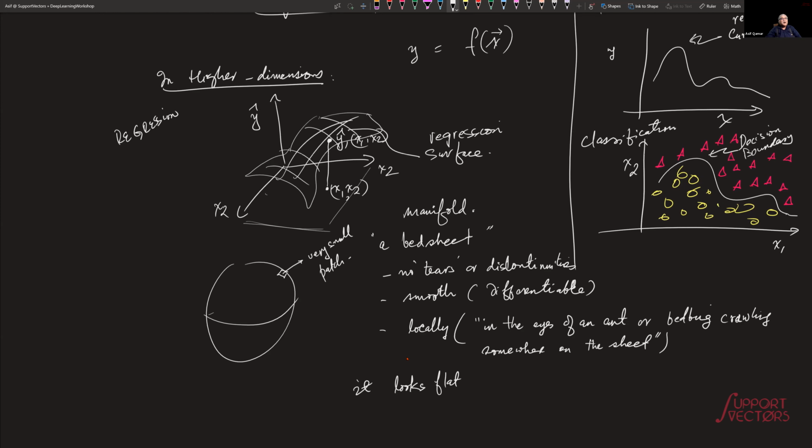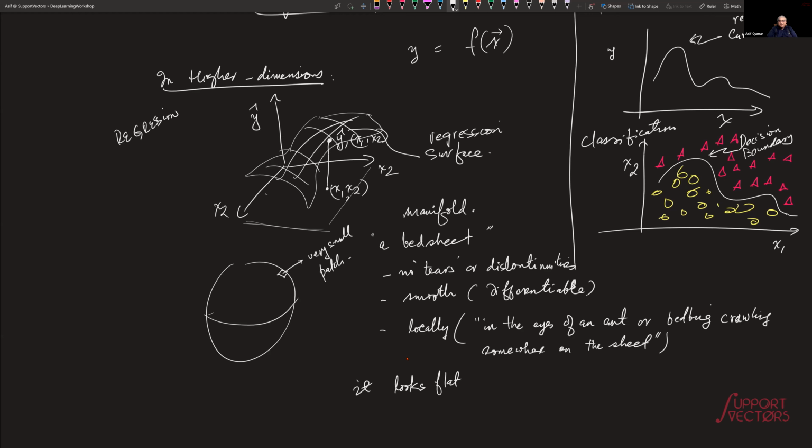We are the ants living on the big sphere of Earth, tiny little creatures. And for the longest time, what did we believe? That the Earth is flat, isn't it? We wouldn't believe that the Earth could be spherical in shape. And that again speaks to the kind of surfaces we are looking at. The surface of the Earth is a perfectly good manifold in some sense. So locally, it looks flat.